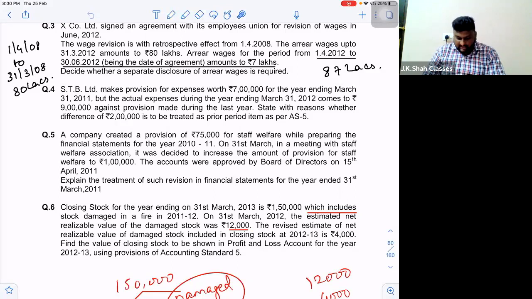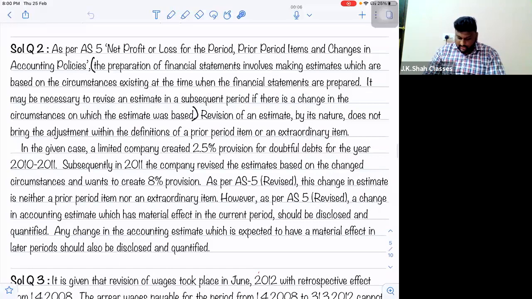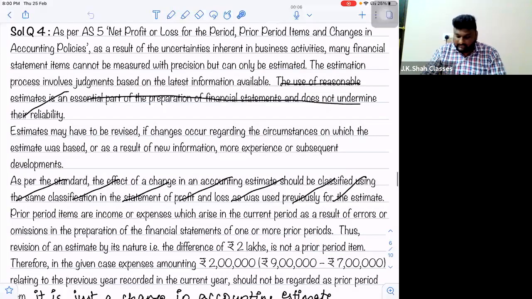So let's have a look at the solution for this. Question number 4. Now, in question number 4, the point which I have cancelled need not be copied. That was not required, so I just cancelled it off, right?